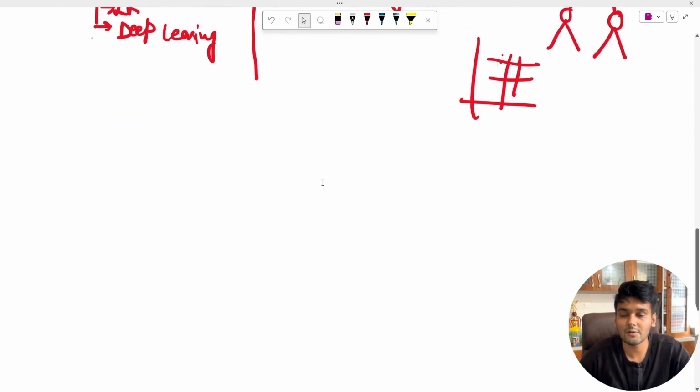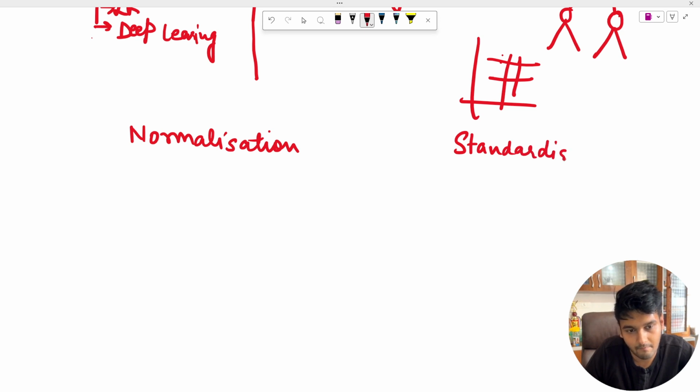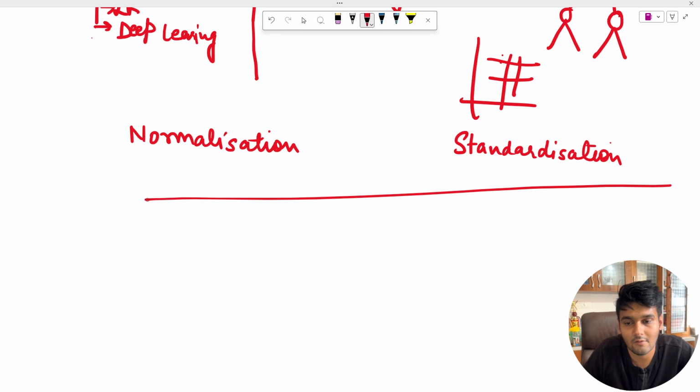Now, since we know which models require feature scaling, let's deep dive into the techniques. Basically, we have two techniques: one is normalization, and second is standardization. These two techniques are often used in the feature scaling process.